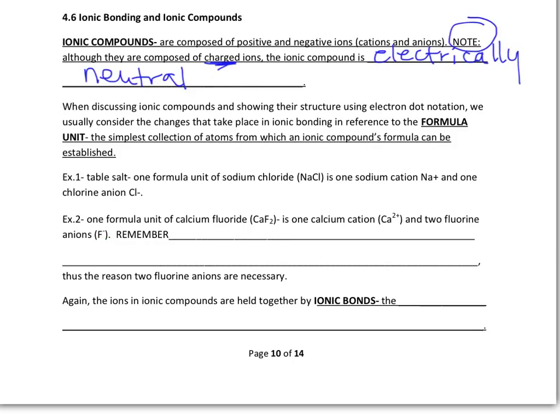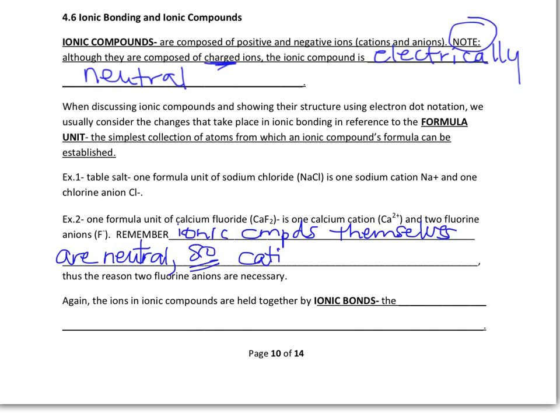So again, remember, ionic compounds themselves are neutral. So, cation and anion charges have to balance.